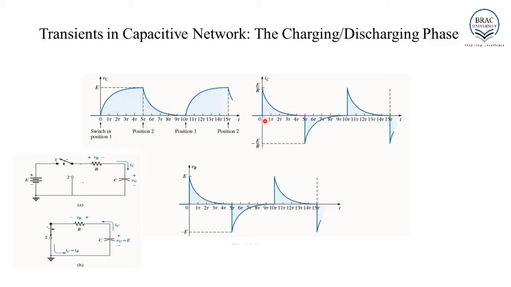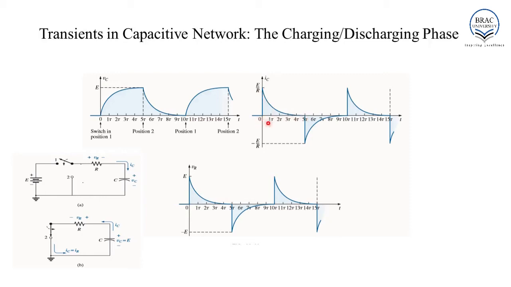When the switch is not connected to any position, the current through the circuit will be 0. As soon as the switch is connected to position 1, initially the current will rise very sharply and then it will start to decrease exponentially.